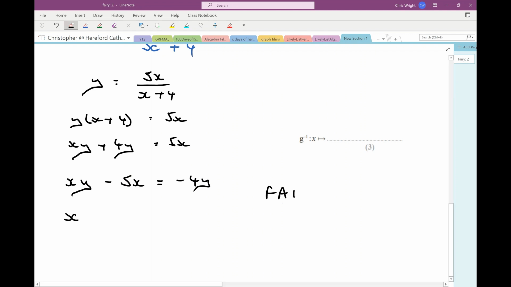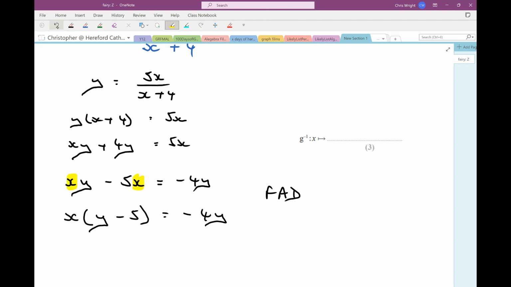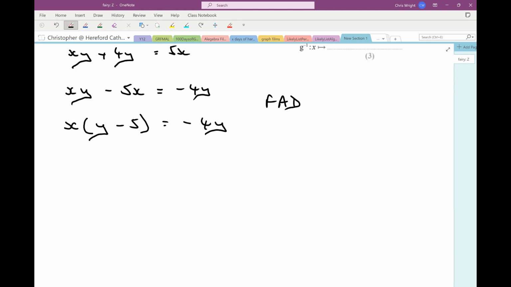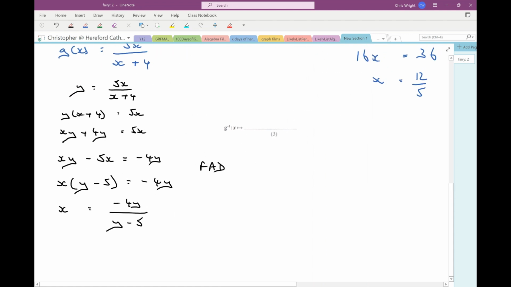So I'm going to pull out the x. And now, look at that. I did have 2 x's on the left, and now I've only got 1. So 2 x's have become 1. And more importantly, I can divide by y minus 5. So now I have successfully made x the subject of that.